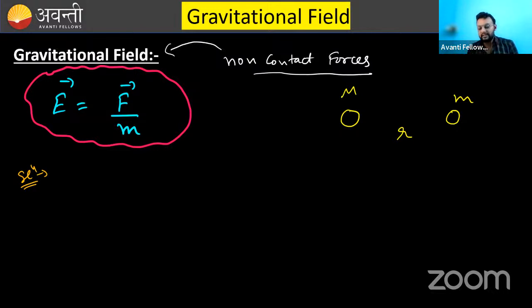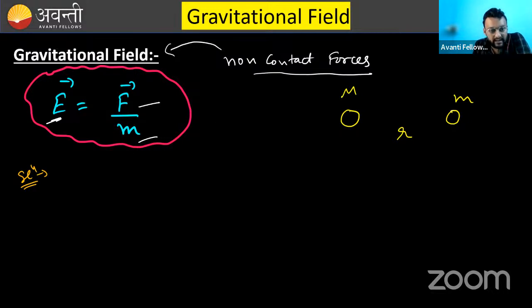So gravitational field is a phenomenon which explains the non-contact force theory. It is denoted by E and is given as force per unit mass. This is the source of the field, the mass that is placed. Then how much force it exerts on a unit mass is known as gravitational field.